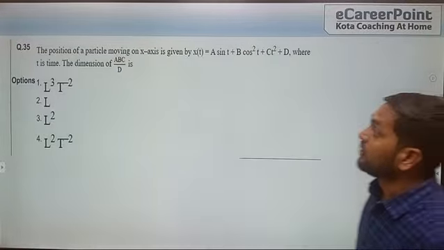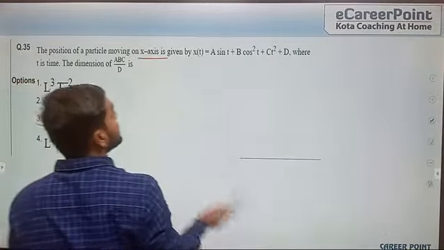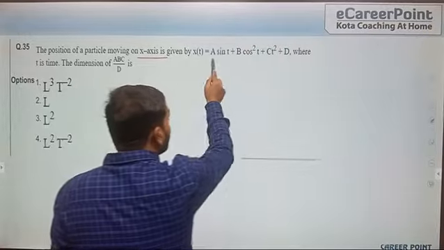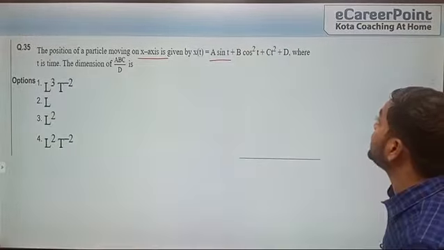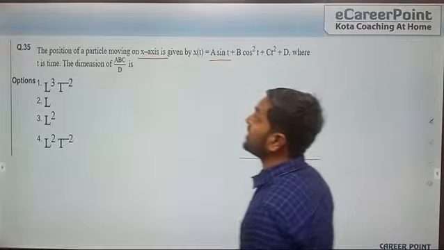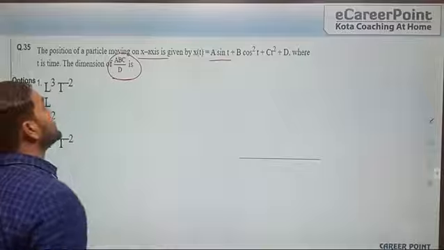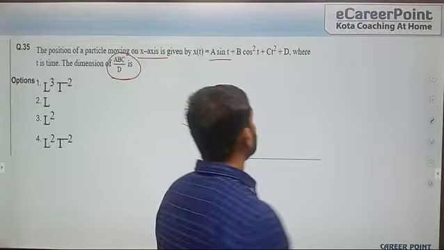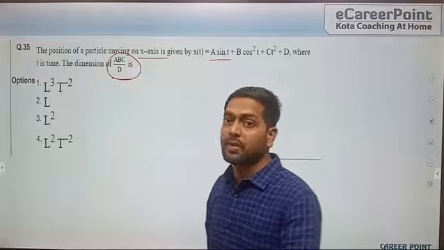So here we have the next question. The position of the particle on the X-axis is given as A sin t plus B cos square theta plus C t square plus D, where t is time. Then we need to find the dimensions of A, B, C by D. We know that sin values do not have dimensions, right?